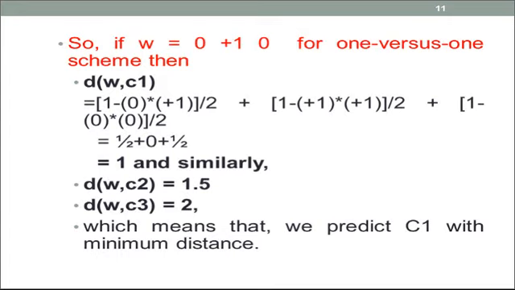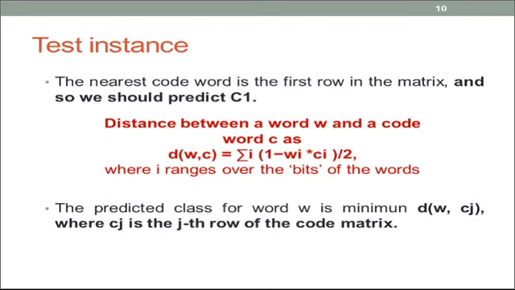The distance of C1 is 1, of C2 is 1.5 and of C3 is 2. So 0, +1, 0 is more closely matching with the C1 class. We can say that 0, +1, 0 in the 1 versus 1 scheme matches the first class, C1.